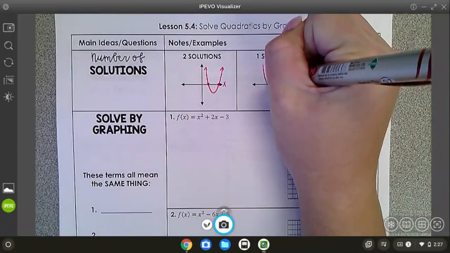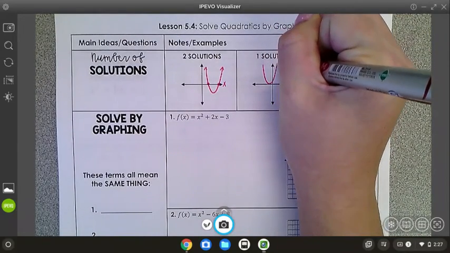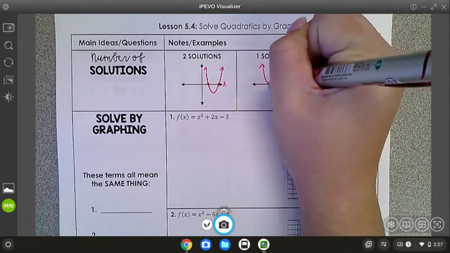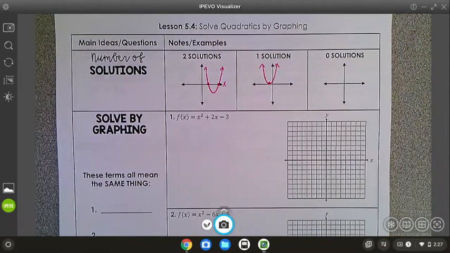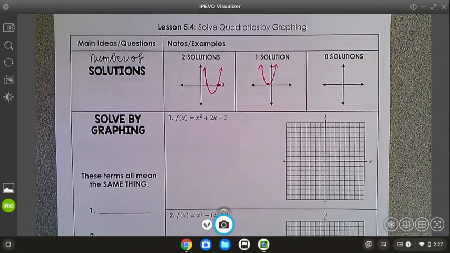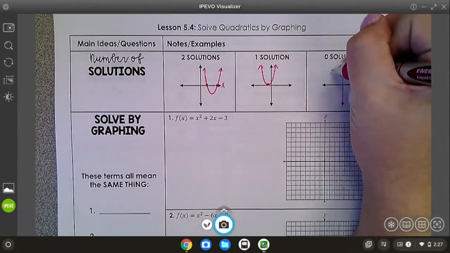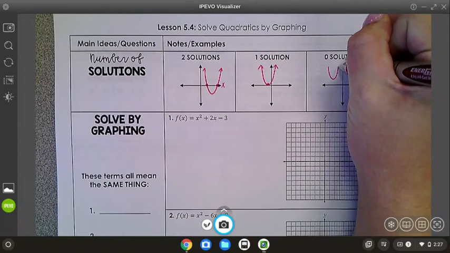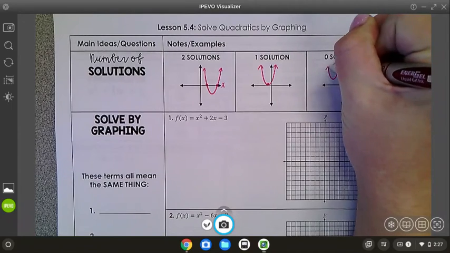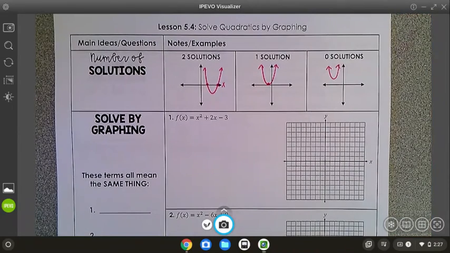So it basically sits on the x-axis. And then a quadratic that has 0 x-intercepts, something like this. It doesn't cross at all.